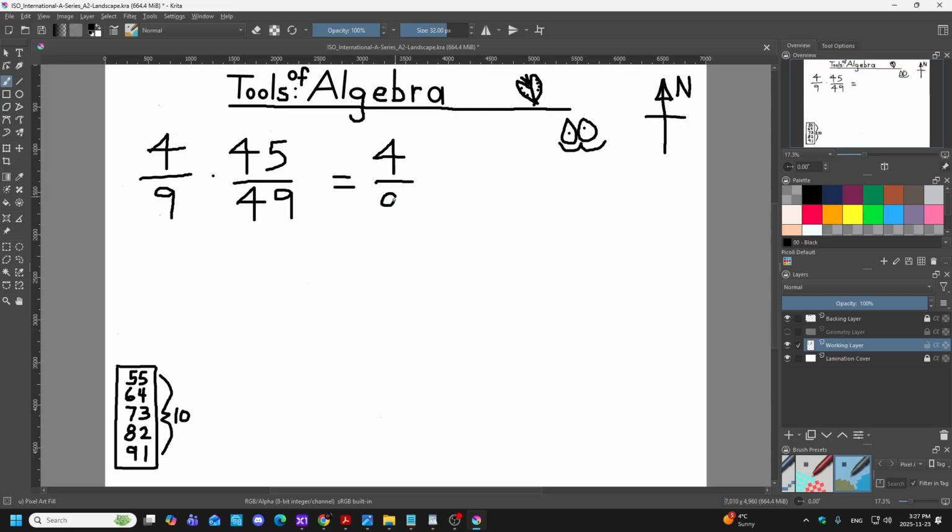I'm just bringing my work forward. And there's no sense multiplying all this together because you're still going to have to reduce, right? So why not factor right now? We know that 9 times 5 is 45.